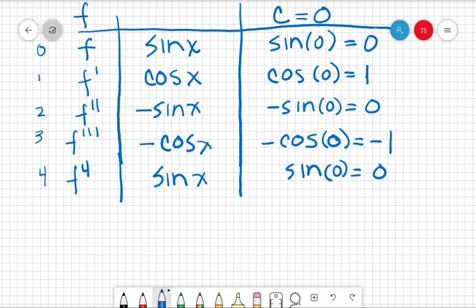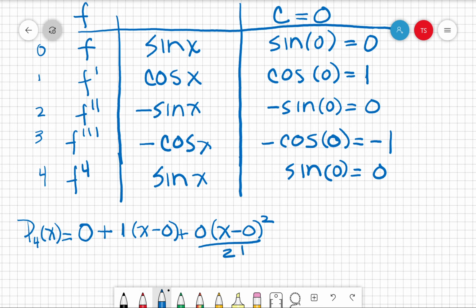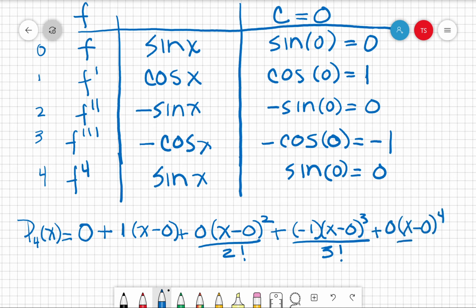And so we'll typically write this as p to the fourth of x equals our first term, 0, plus 1 times x minus 0, plus 0 times x minus 0 squared over 2 factorial, plus negative 1 times x minus 0 cubed over 3 factorial, plus 0 times x minus 0 to the fourth over 4 factorial.